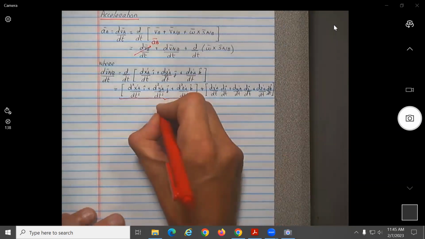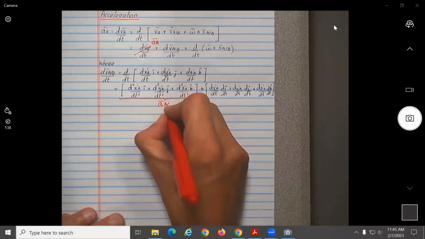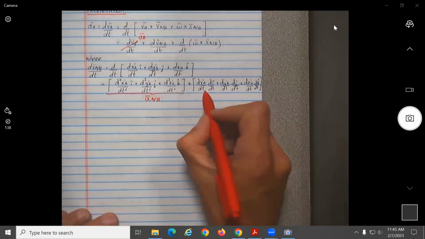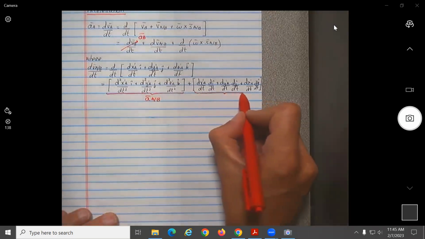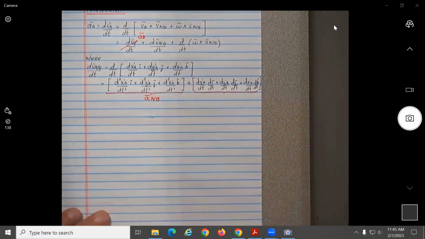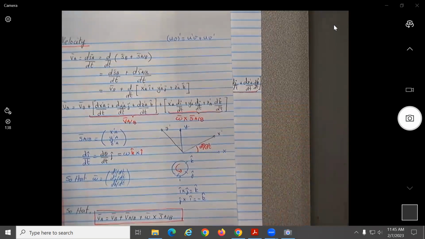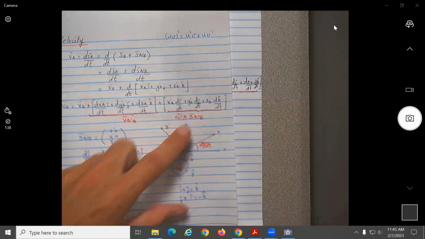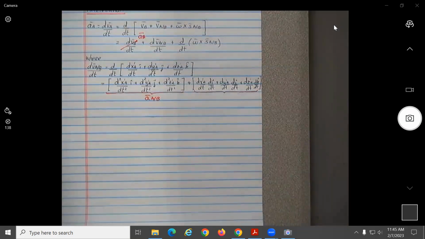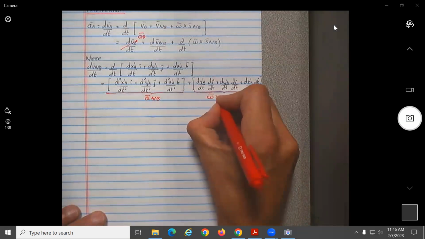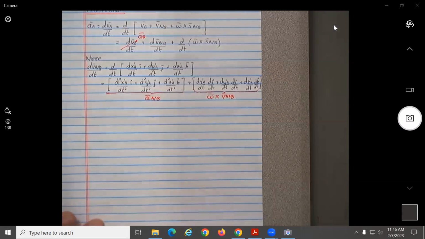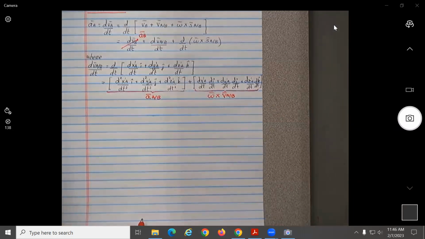So that one should be the acceleration of A with respect to B. And this one before was omega cross S of A with respect to B. So that's a new term.